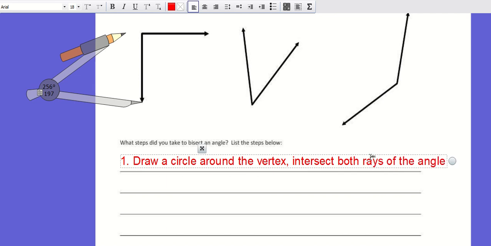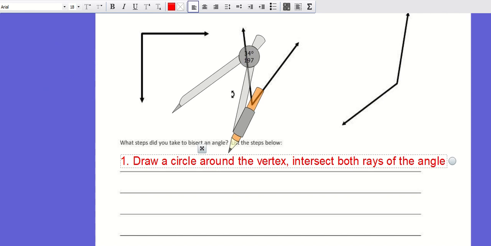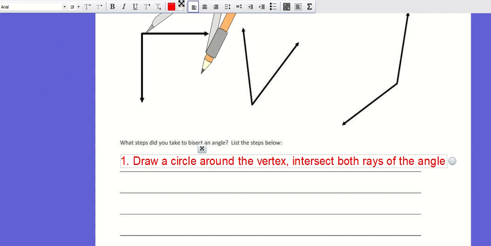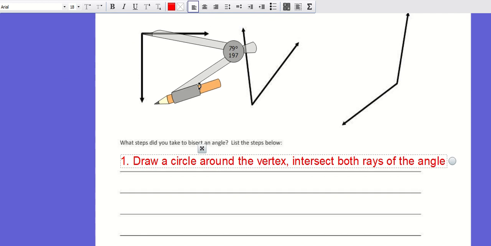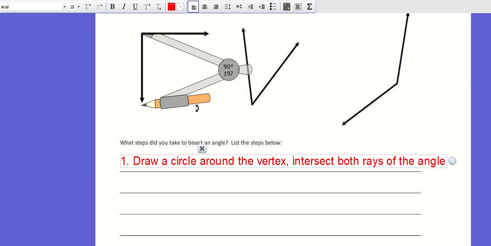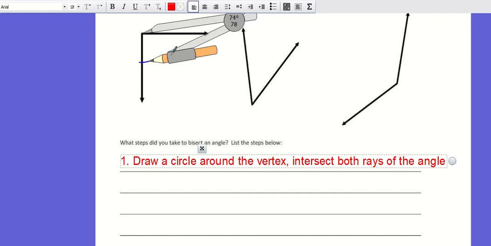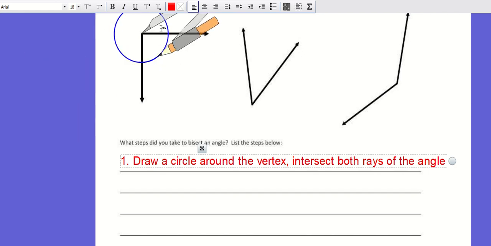So I can draw any circle I want. The only thing that has to happen is that I have to be able to go through both sides of the angle. So I don't want to make my circle too big where it's not going to intersect this side of the angle. So I want to make sure that when I draw my circle, it crosses through both rays of the angle.